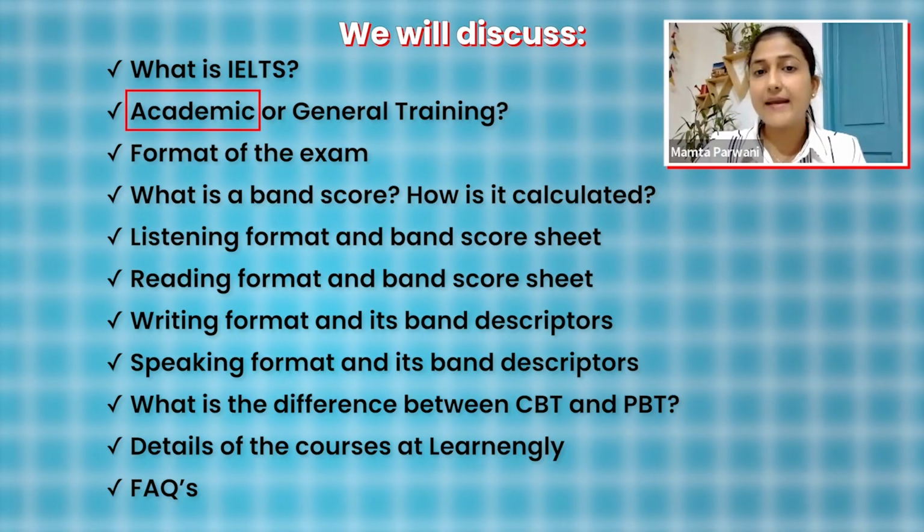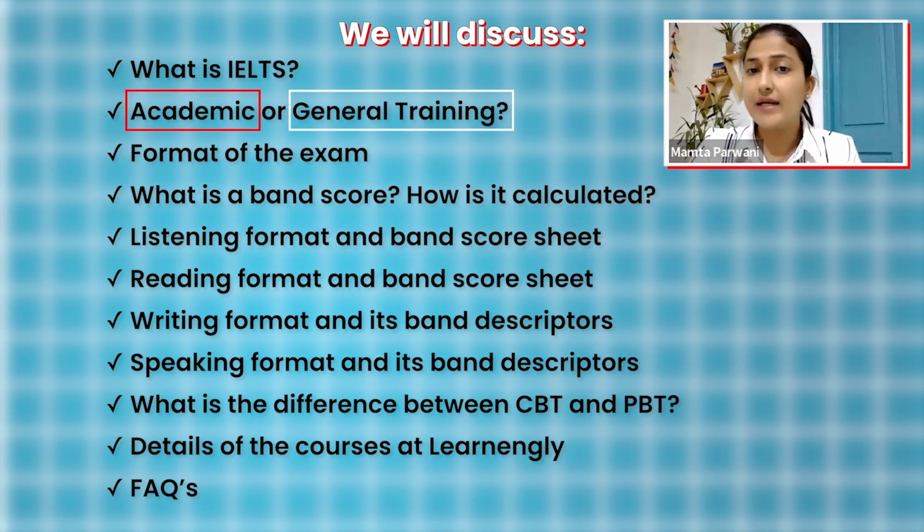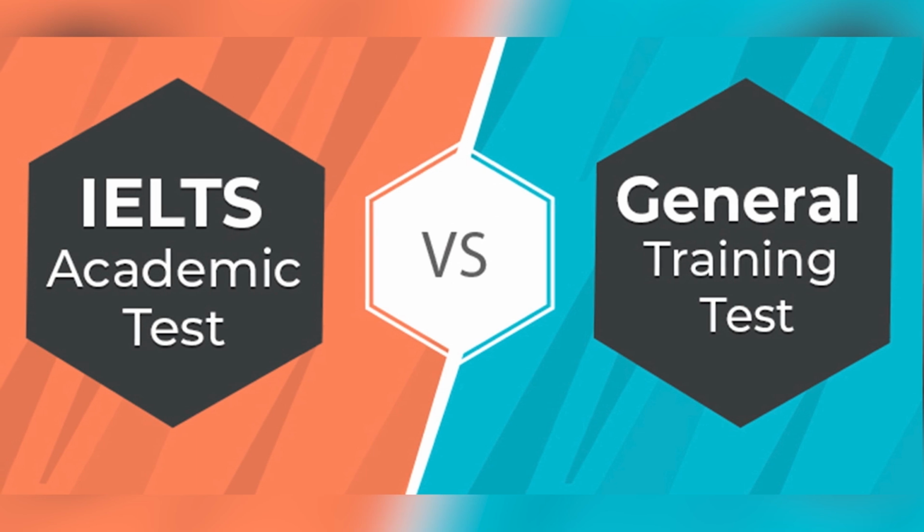So let us first quickly talk about what is academic and what is general training. So basically, IELTS is of 2 types, okay? Whenever you're planning to take this test, you must know you want to give academic or general training. Let us understand the difference. Honestly, there isn't a huge difference between the format of the exam, but then it is important to know which one you must take.